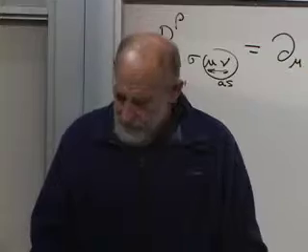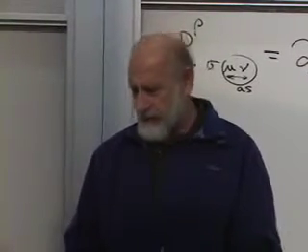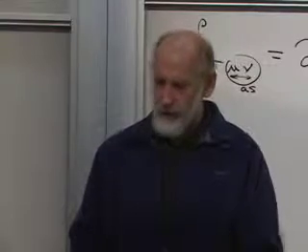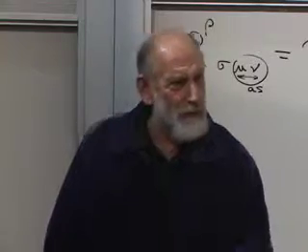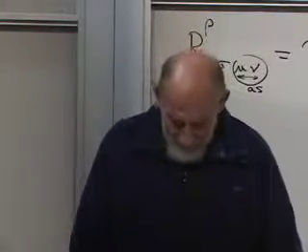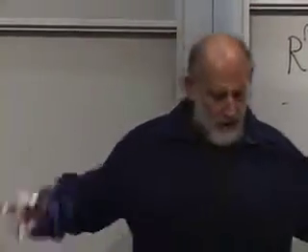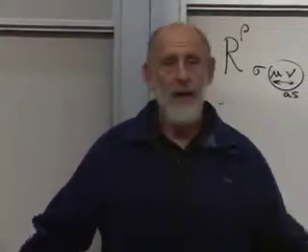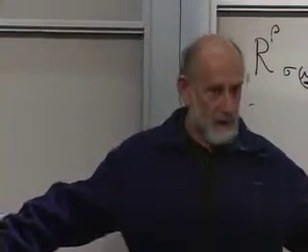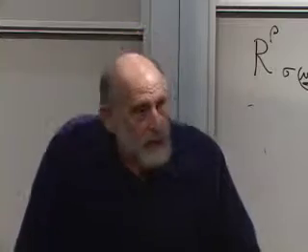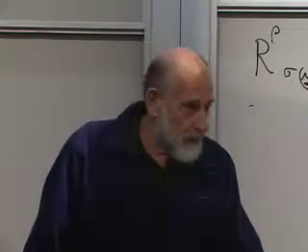John Wheeler used to like to say, he had a slogan, mass curves geometry and geometry tells particles how to move, or something like that. I don't remember. It was more elegant than that, but the idea being that the presence of mass affects geometry. That's another way of saying the presence of mass creates gravitational field. And gravitational field affects the motion of particles. So they affect each other.